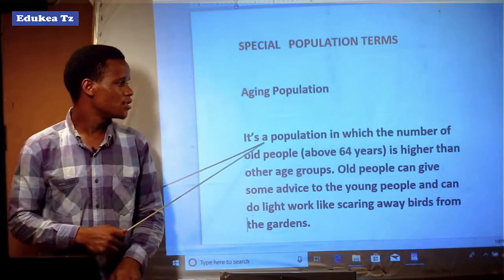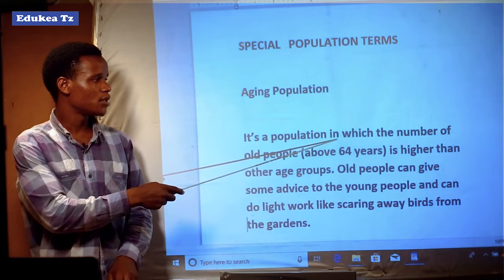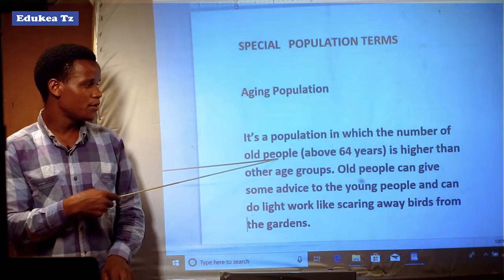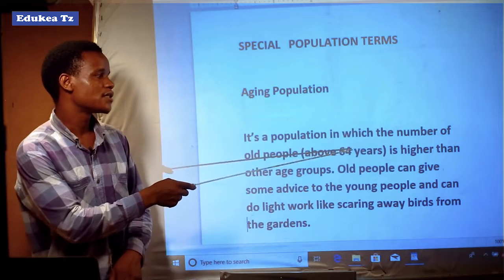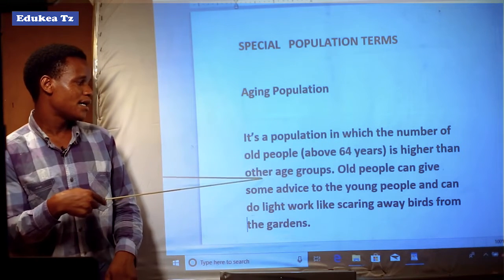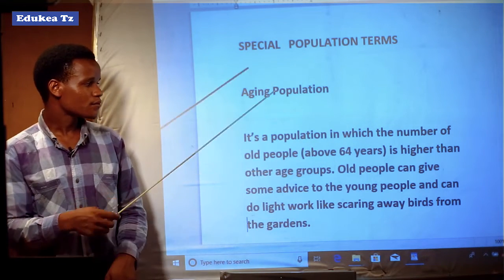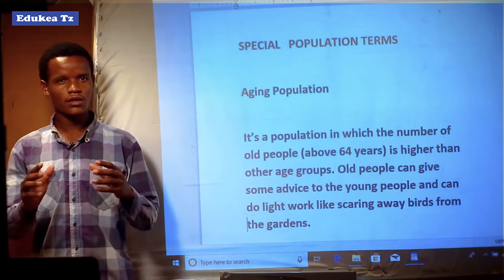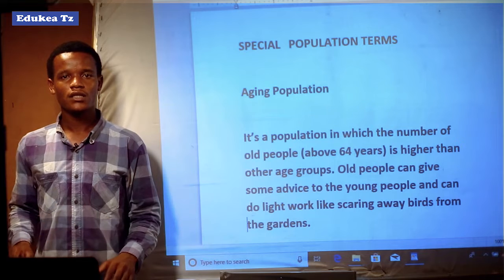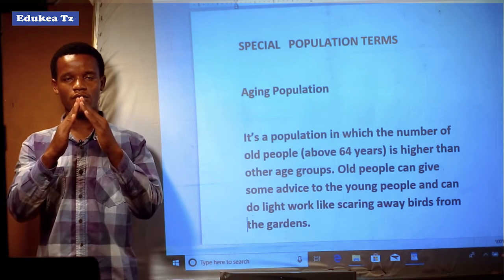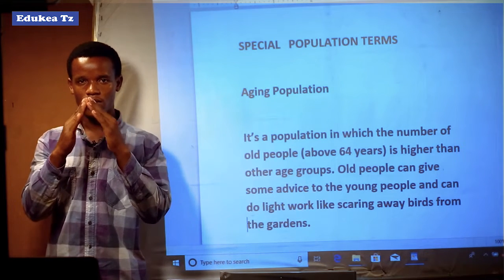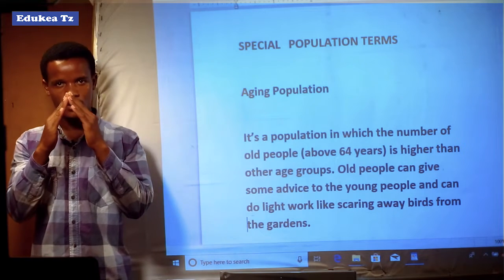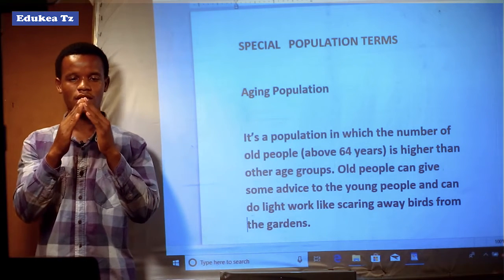Aging population is a population in which the number of old people above 64 years is higher than the other age groups. When looking at an aging population, they tend to be in a pyramid shape and are categorized into different sections.